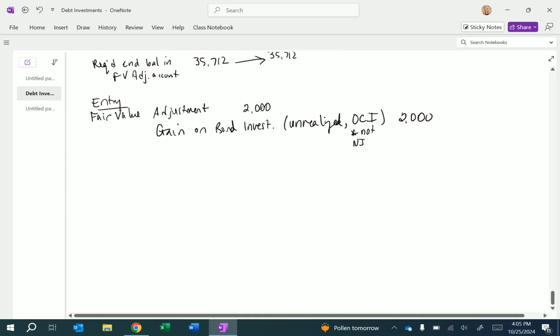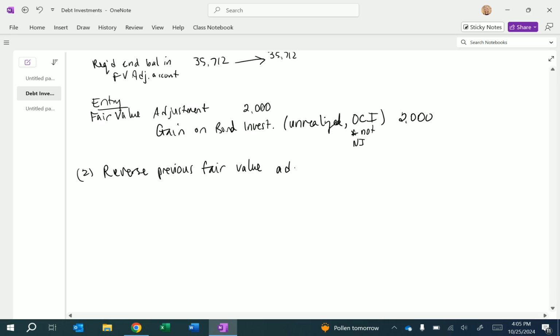Now we have a different entry to record that we haven't seen before on either of the other two types of securities. What we need to do is reverse the previous fair value adjustments. We are going to take them out of other comprehensive income because we're selling them.